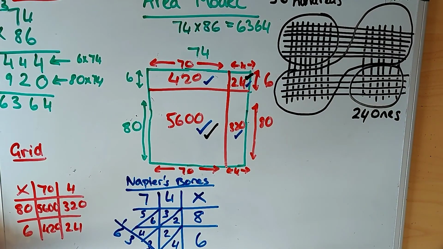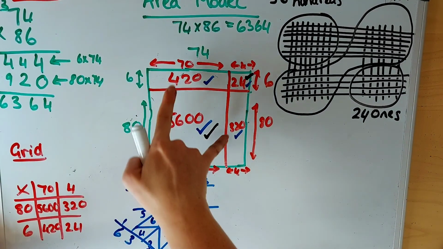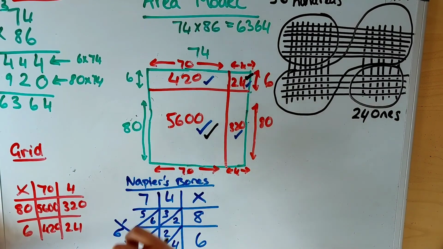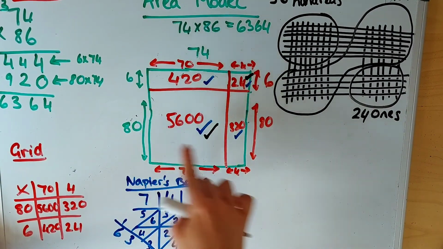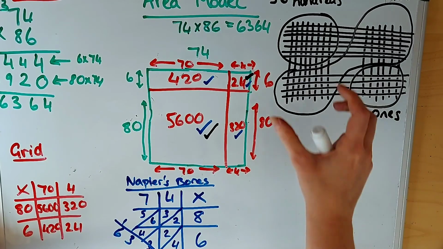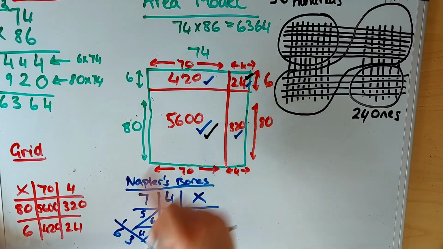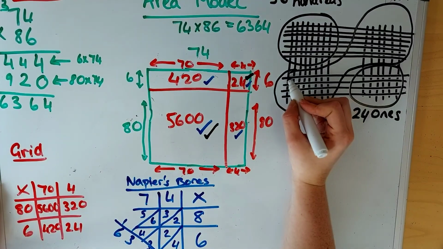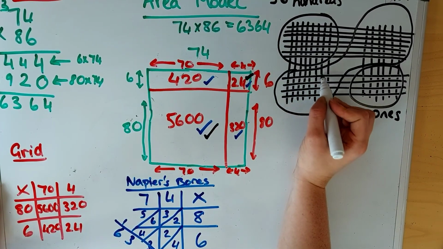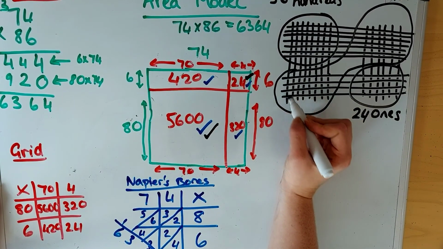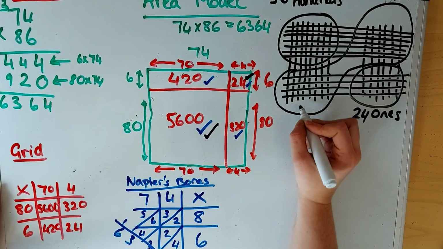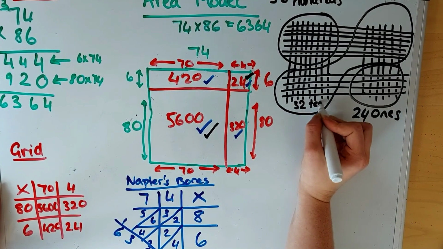So now I'm going to guess that my tens is going to be 740 altogether. It might be 420 and 320, or it might be different values which add together to make my 740. So let's check it. 8 by 4 would be 32 tens.